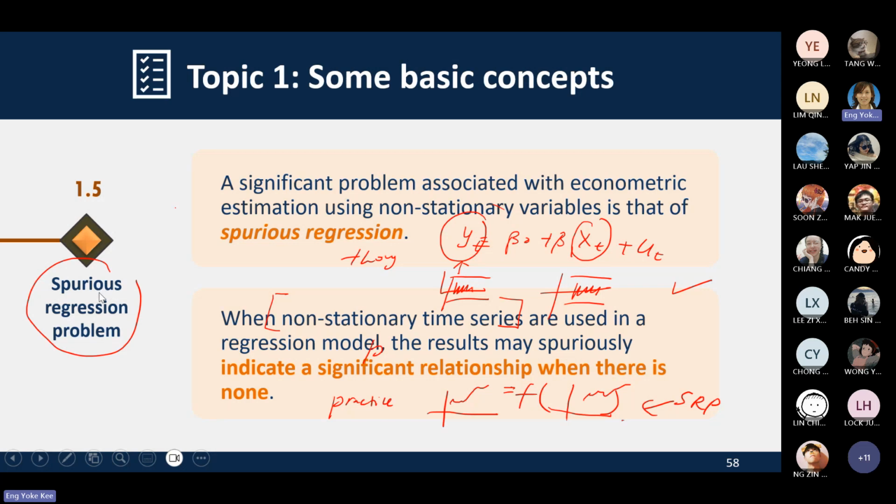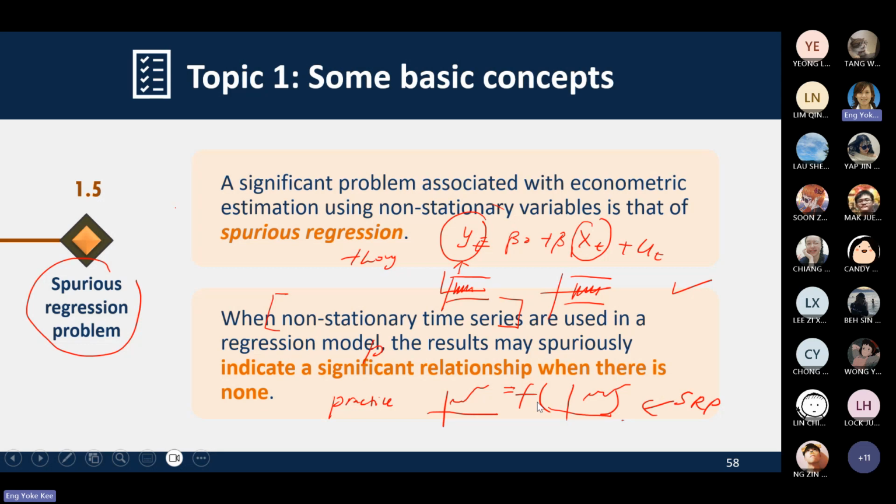Spurious means fake. These two variables have no relationship. But because they are non-stationary, whenever you regress them together, the statistical tools pick up the trending pattern. So OLS thinks: this is going upward, this one is also going upward, most likely these two are significantly related. What the regression picks up is the statistical movement, not the genuine relationship between the two. And the t-statistic will tell you it is highly significant.